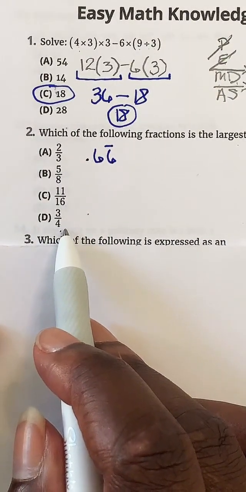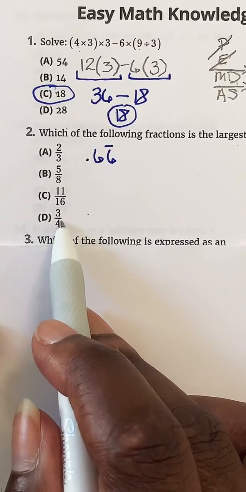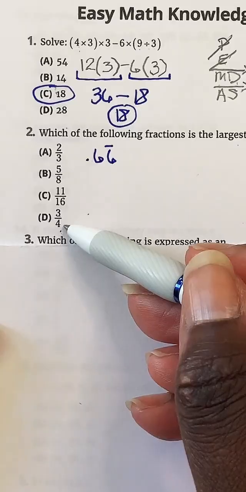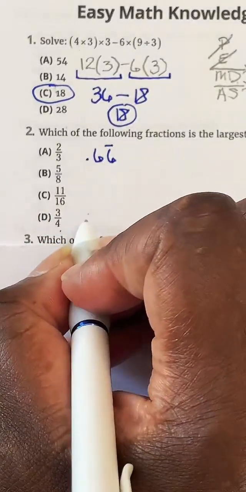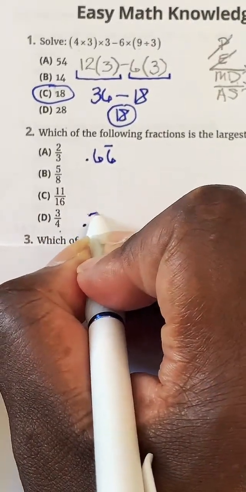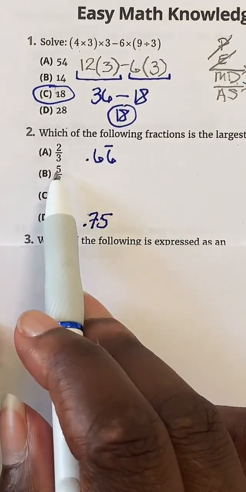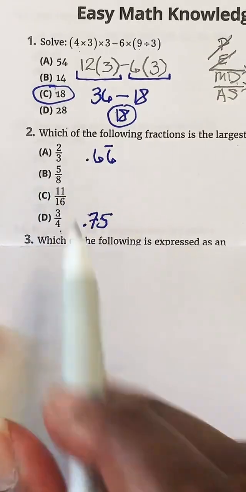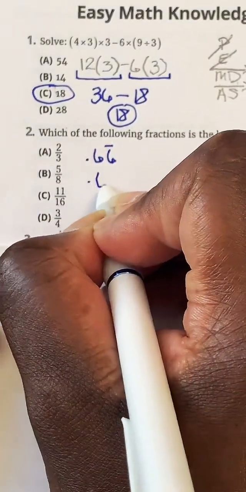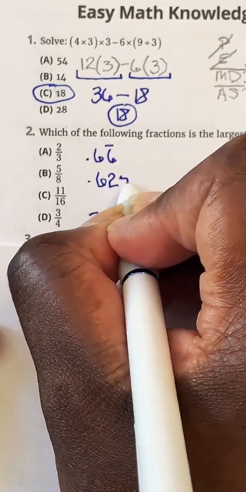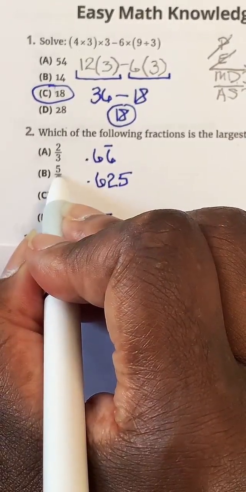3/4, I always think of quarters. Anytime there is a 4 in the denominator, I always think of quarters. So 3 out of 4 quarters. I know the 3 out of 4 quarters, that's 75 cents. So 5/8 is going to be 0.625, because it has my 5 in there.